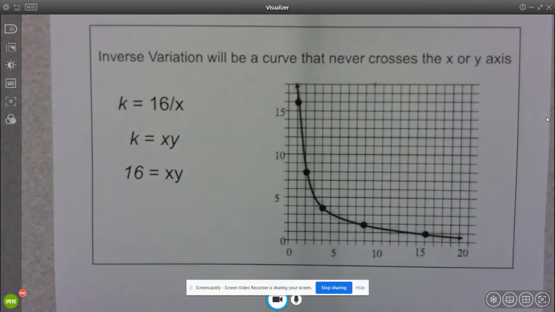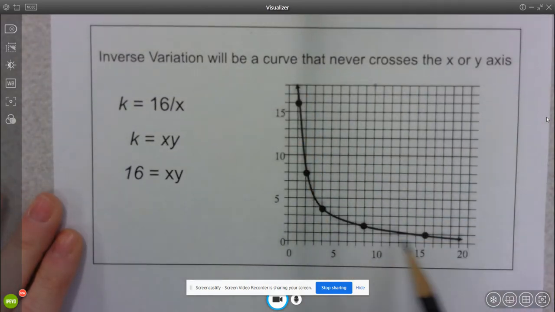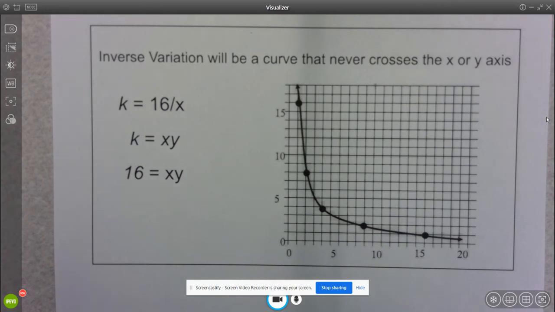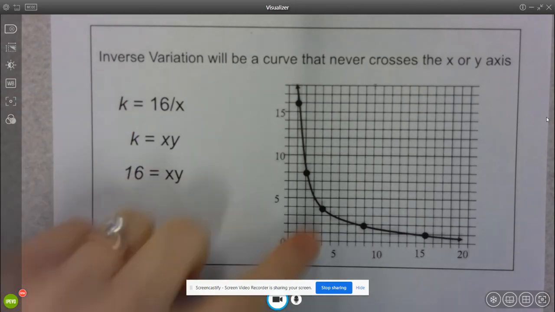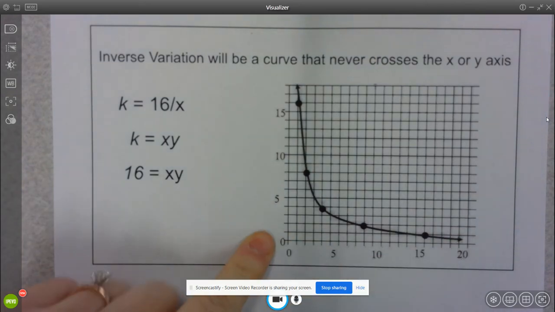Now, if you were going to look at this graphically, it would be this type of curve that's never going to cross the x or y axes. And all 3 of these equations would be representing what's going on here.